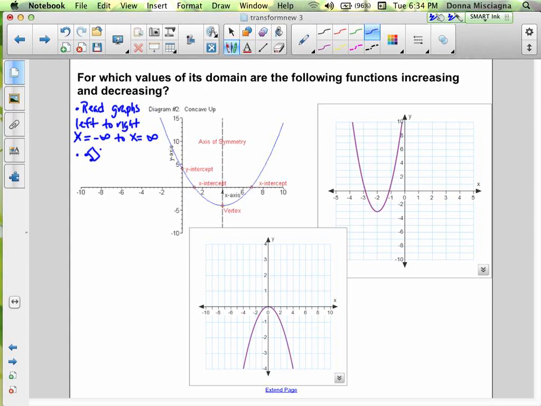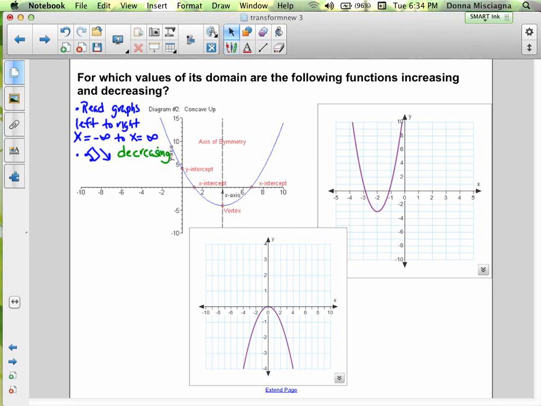If the roller coaster is going down the hill, the exciting part, that is decreasing. And actually, I'm going to write that in green. I'll put green for decreasing.